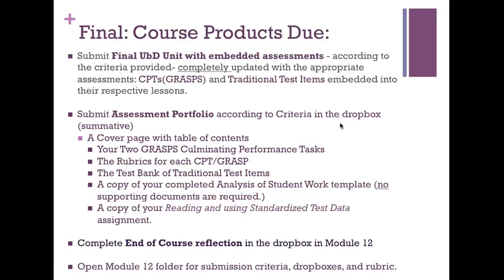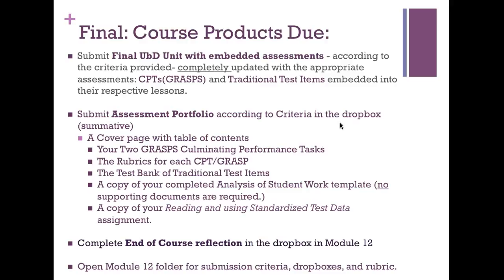For your final course product, the UBD unit that you've created, you're going to take the traditional test items and the CPTs, the grasps, and you're going to put them into the unit. You're going to mark them in red so I can see that you've done it, because I will look at the traditional test items you've done and the performance tasks that you've created, and I will look to see that they're in the unit.